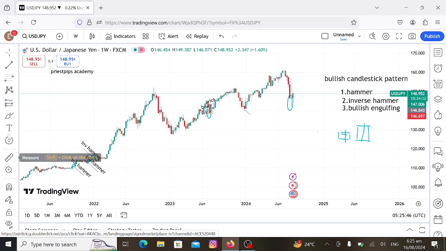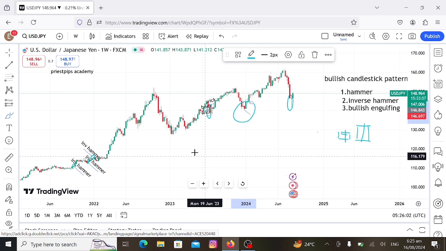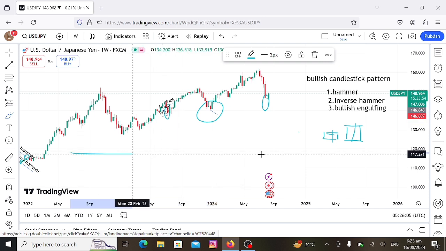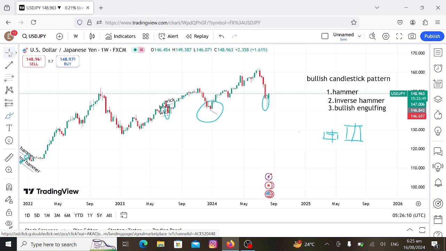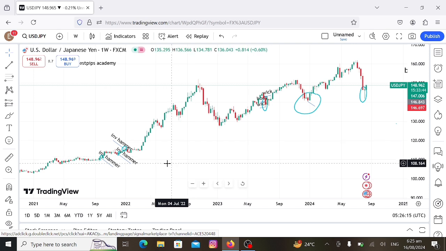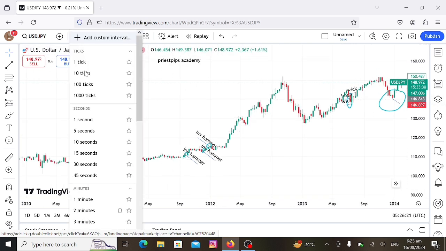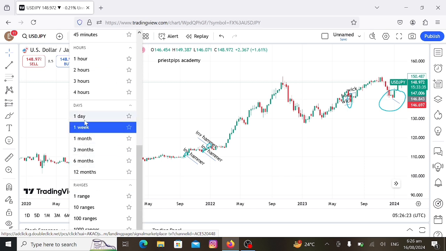And that's where to trade it. But let us look for a more perfect example. We can't find one here. Okay, let me take this to a daily time frame.